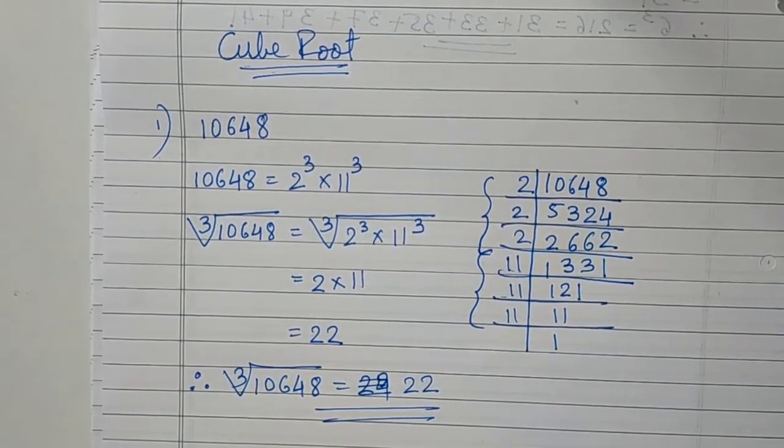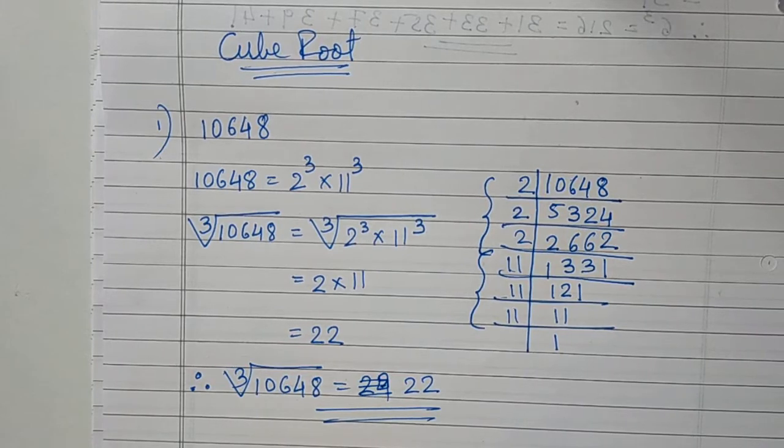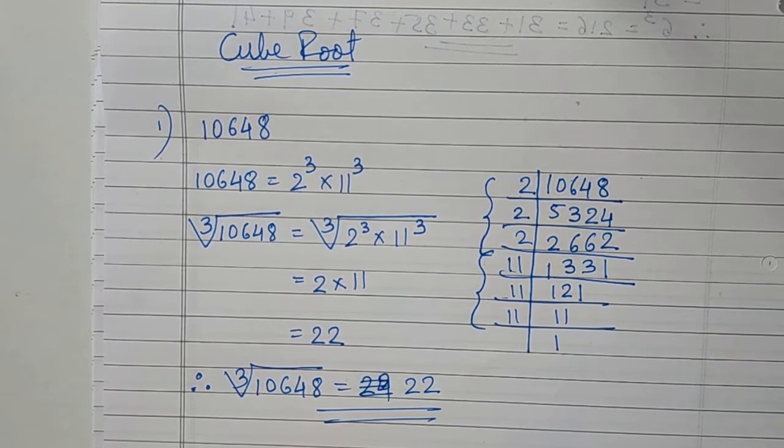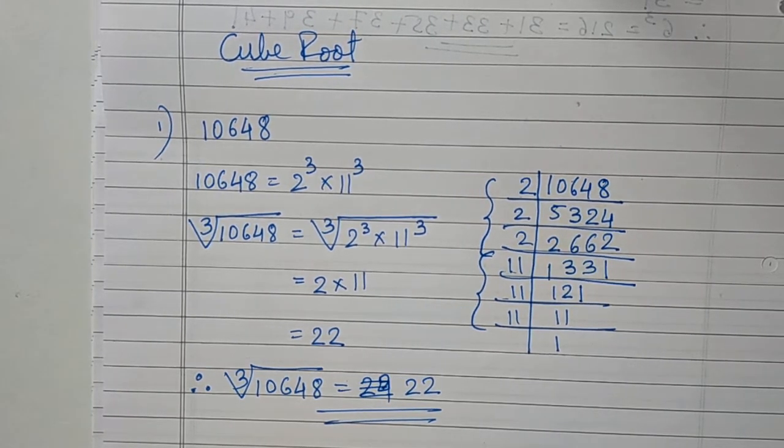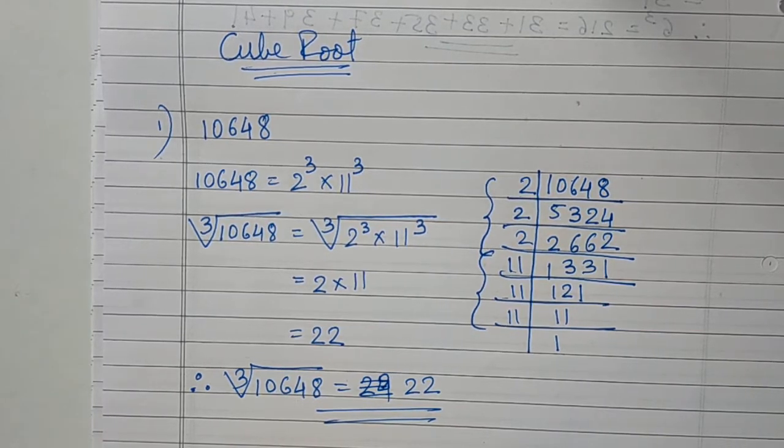This is the whole sum. Hope you all got it. How to find the cube root? It is very easy. By the factorization method you have to do it and form the triplets, groups of 3.